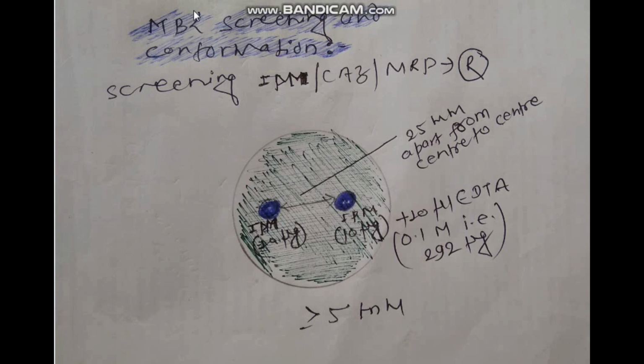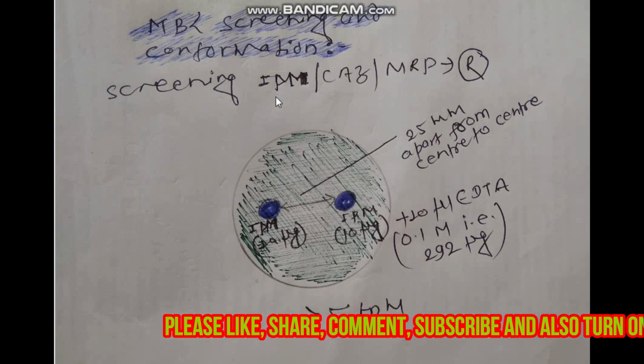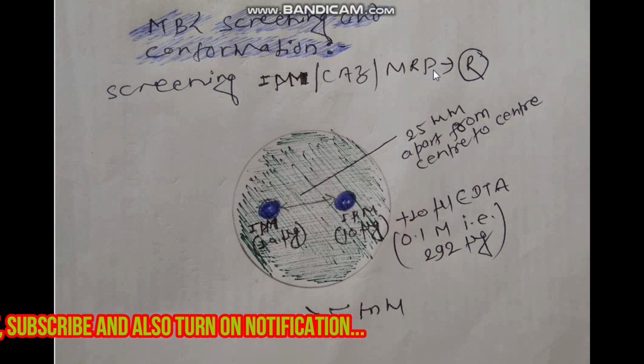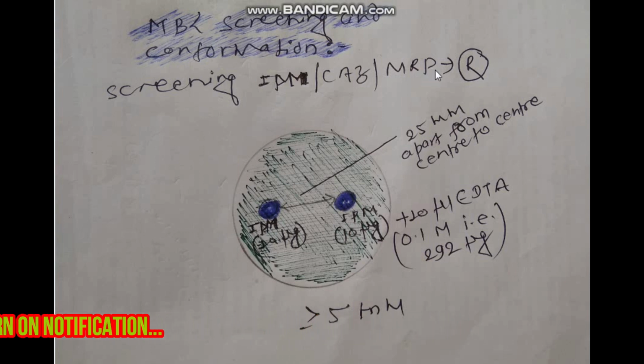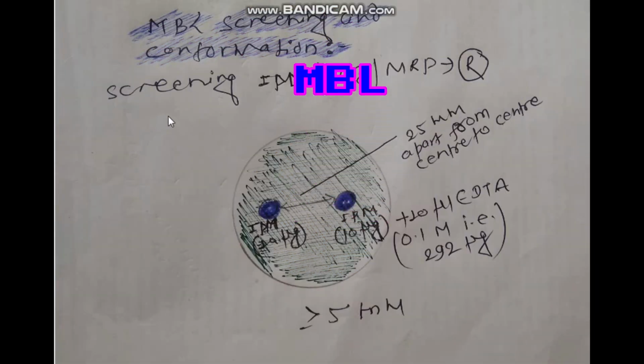If imipenem, ceftazidime or meropenem, any of them are resistant, then there is a chance of MBL, and this will be confirmed phenotypically in this way.